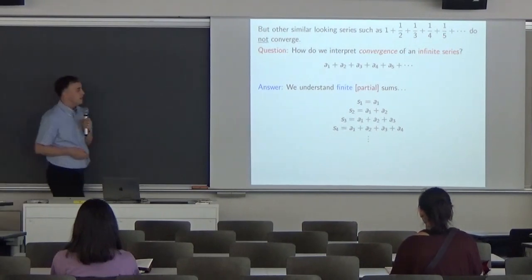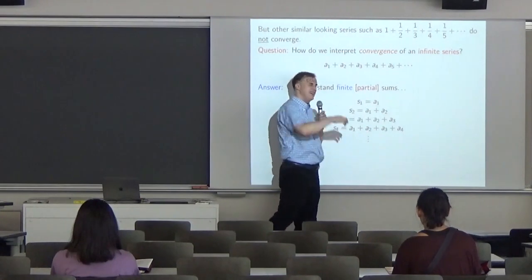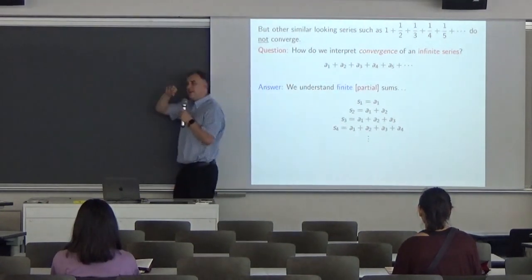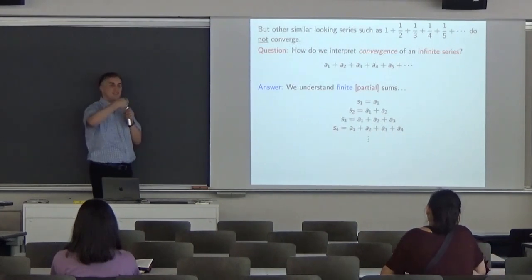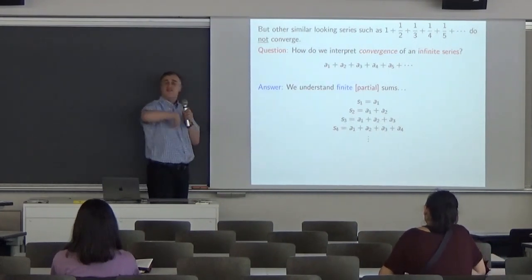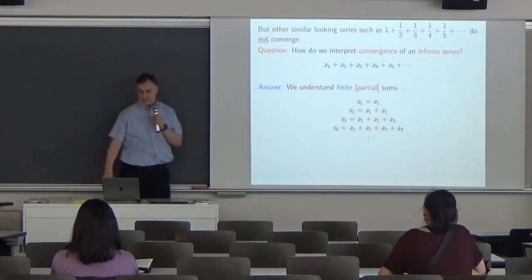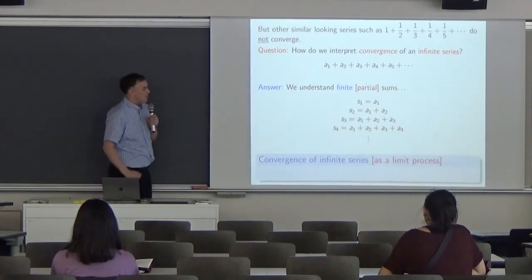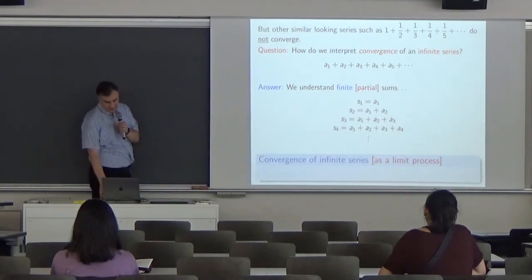What we do is analyze what happens to this sequence of numbers as a limit process as n gets large. Just like the mouse approaching the cat, we never actually get to infinity, we just get increasingly large. And we ask, how does that value change as n gets increasingly large? So we define convergence of an infinite series, one of the ways, as a limit process.